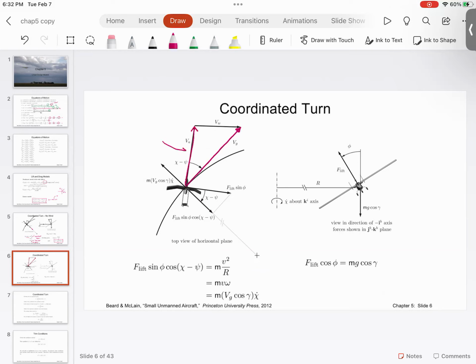This is the wind speed. That is equal to the ground speed. This is the relation we looked at, and it is called the wind triangle.